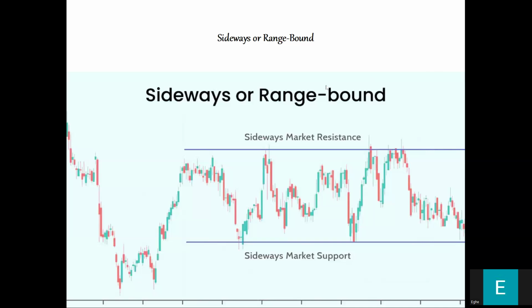So we have the bullish trend, we have the bearish trend, and we have the sideways or range bound market. The bullish trend is when you see the trend forming higher highs and higher lows.